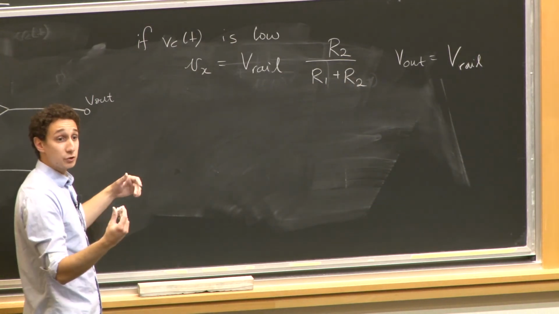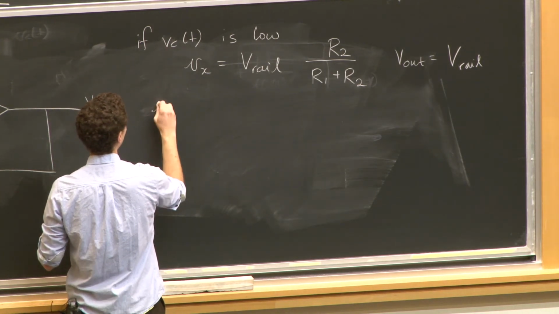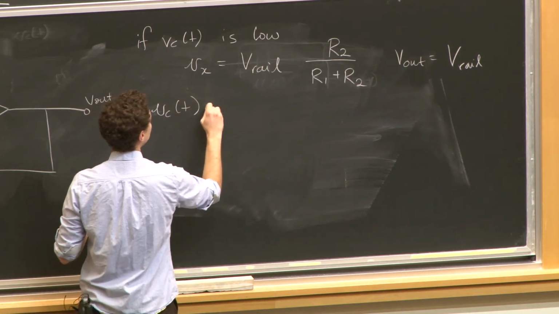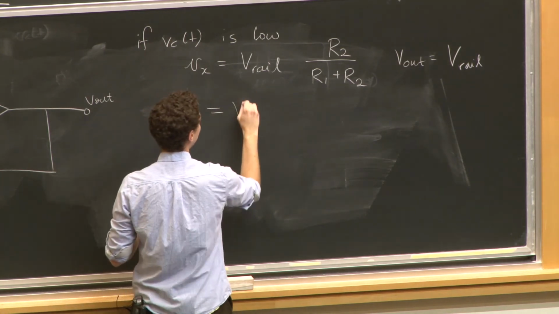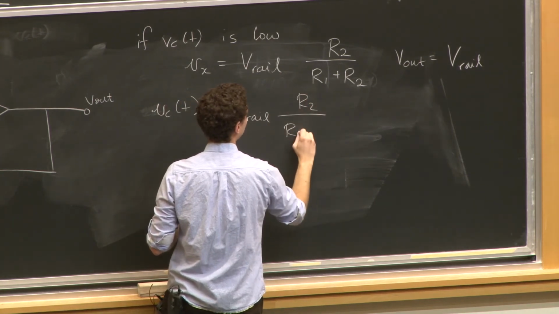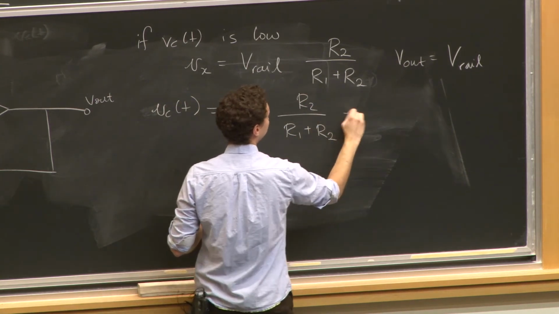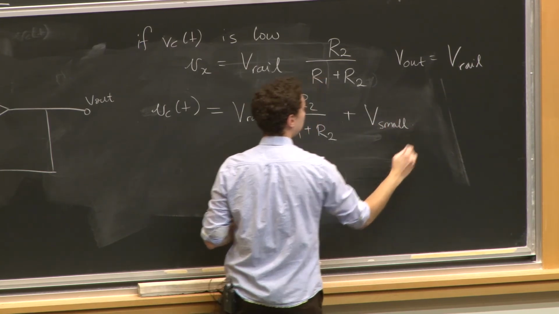Now once I reach the opposite condition, once Vc of t is equal to a little bit more, V rail times R2 over R1 plus R2, plus some V small. It just gets above it.